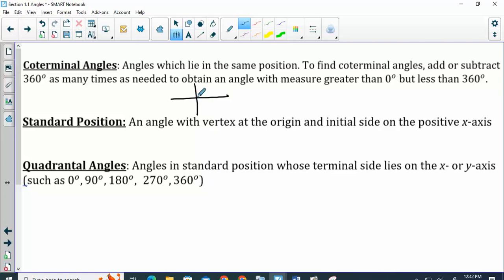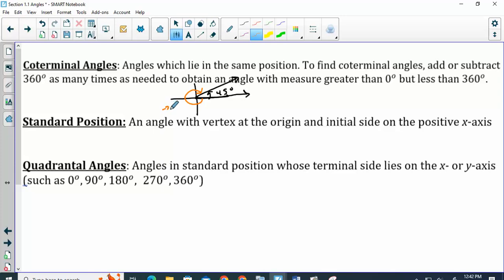360 degrees is a whole circle, so that would take us all the way around back where we started, right? But if I had an angle, say like this, I could tell you this is maybe a 45-degree angle. But there are other angles that would also lie in the same spot. We talked about yesterday how this line was important because if I spun this way, what kind of angle would that be?